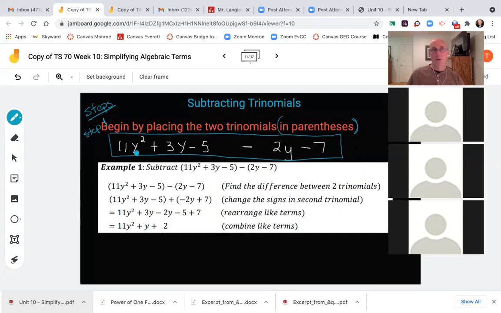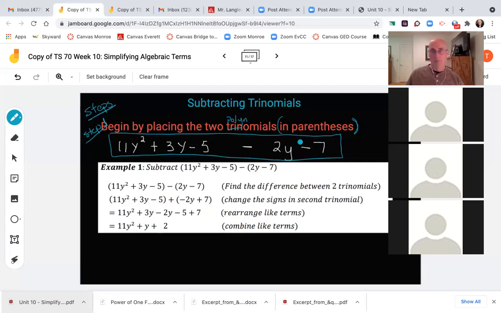It says 11y squared plus 3y minus 5 minus, and then here's another polynomial. So the first step is to place the two, it should say, instead of trinomials, sorry, polynomials, because this one over here is not a trinomial, is it?